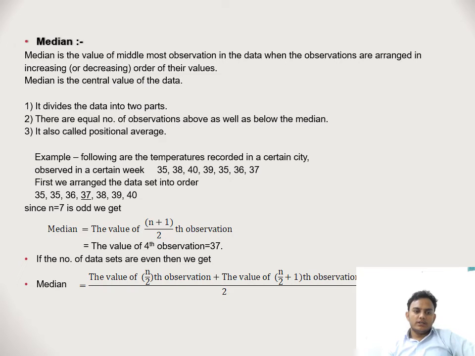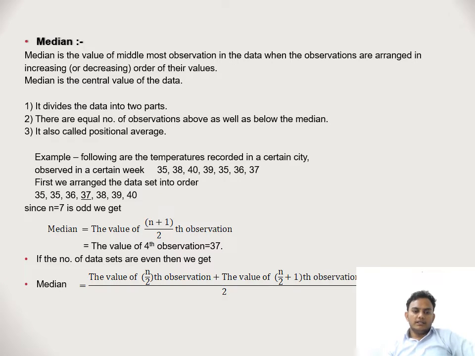Since n is equal to 7, which is odd, we get a formula. Median is equal to the value of the (n plus 1) divided by 2th observation. So n is equal to 7, then n plus 1 is 7 plus 1 means 8 by 2, that is the 4th observation. So the value of the 4th observation is 37.